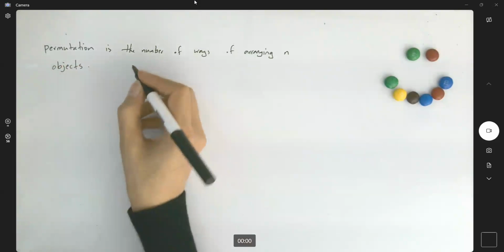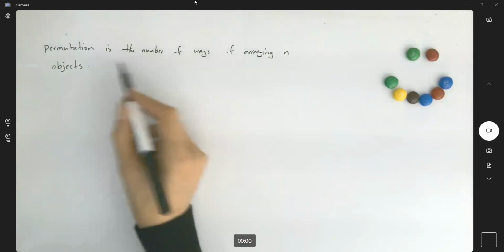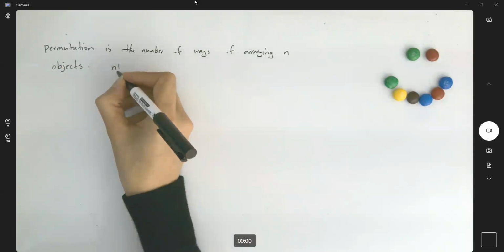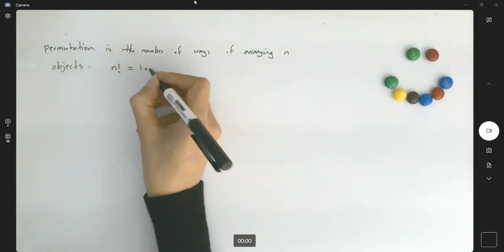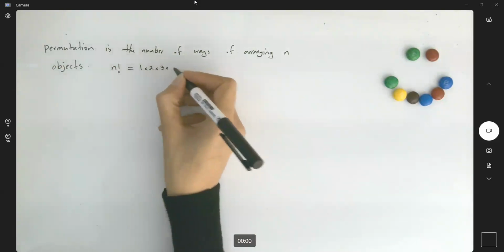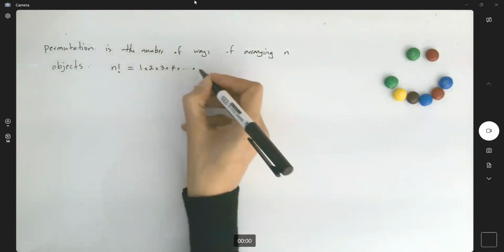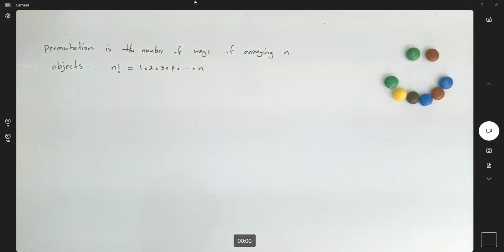We denote the permutation of n objects as n factorial. This is equal to 1 times 2 times 3 times 4 times, and we're stopping at n.